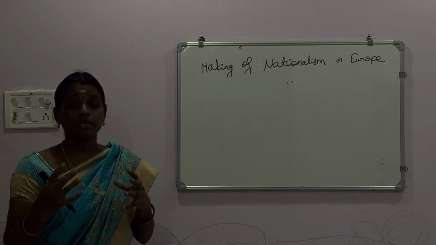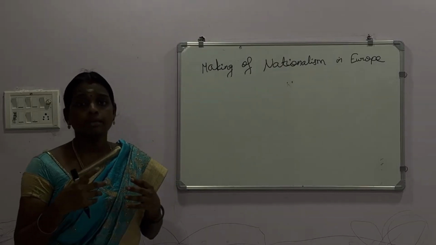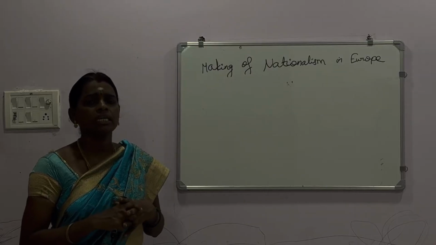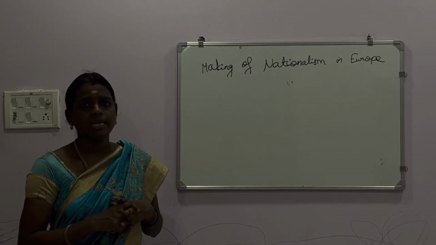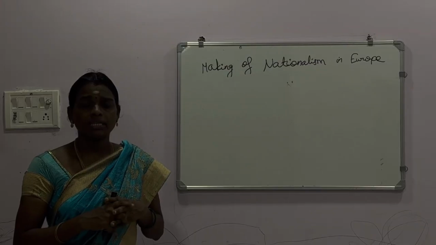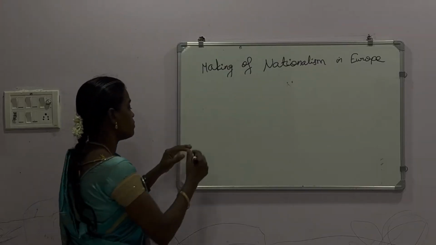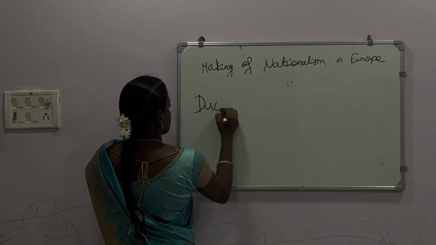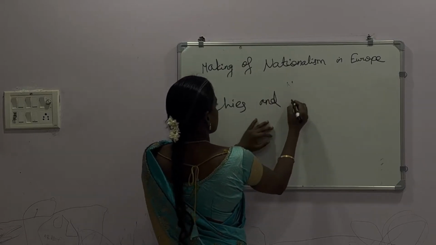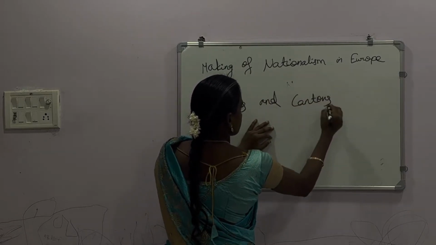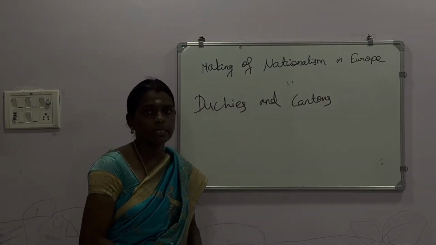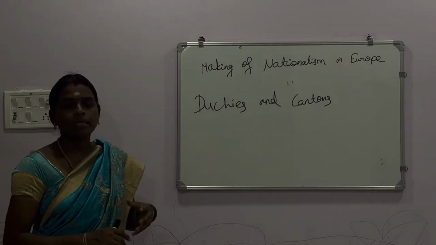Even nowadays we have big countries like Germany, Italy, Switzerland, but those countries were not nation states at that time. The second thing is duchies and cantons, who governed the autonomous territories, and they permitted all kinds of languages.